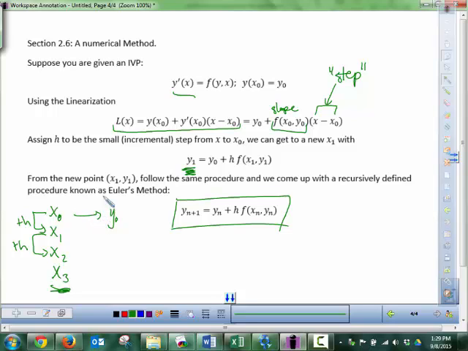But your corresponding y values are what's really important. So this is y naught. This is given. That's part of your initial condition. But everything else you have to get from the formula.